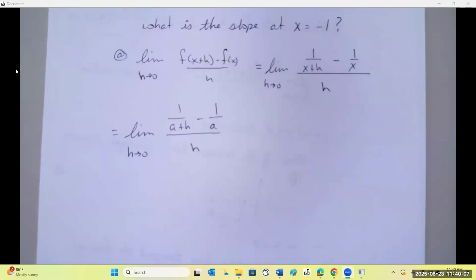So how do we fix this? We haven't simplified this yet. We can't plug in because the only h we know is 0. That's undefined now. So what do we do algebraically?